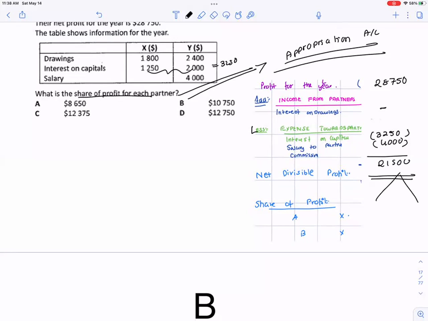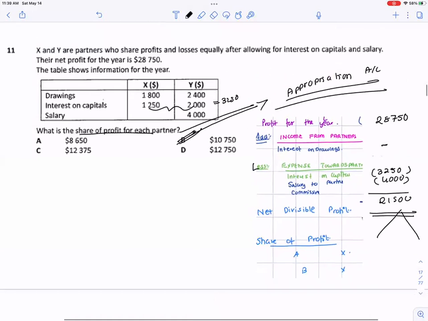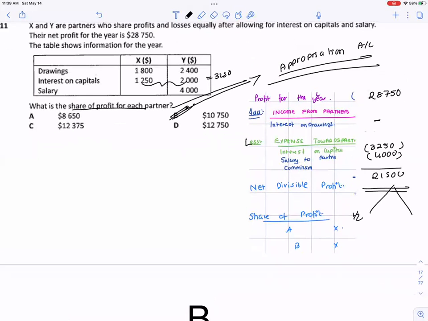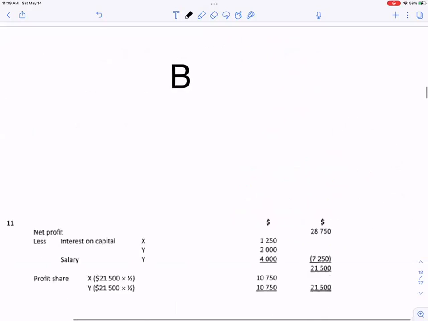When you divide it into two, it's 10,750. They want the share of profit for each partner. Did you get it?